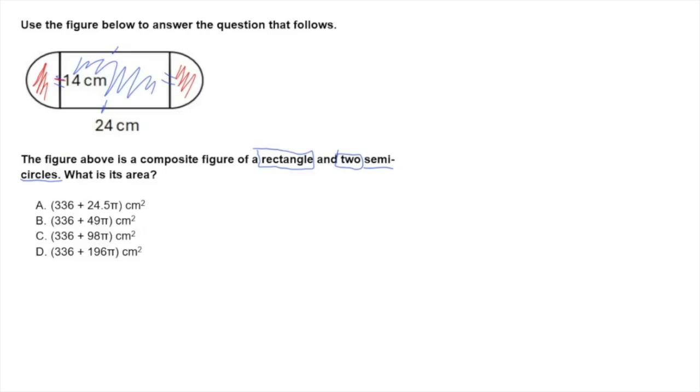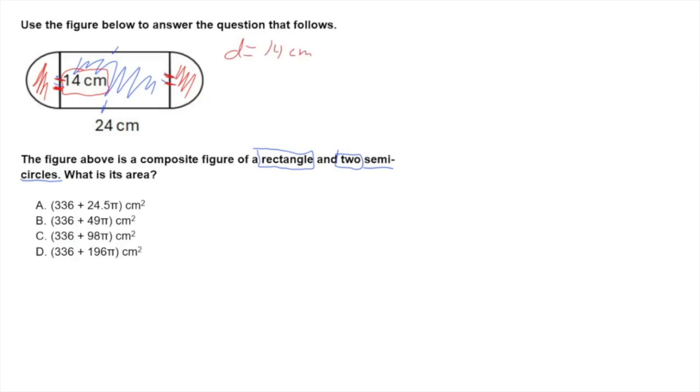We also know that the line segments here with the two hash marks are 14 centimeters. And that splits the circle exactly in half, which means that that is the diameter. So our diameter of the circle is 14 centimeters.